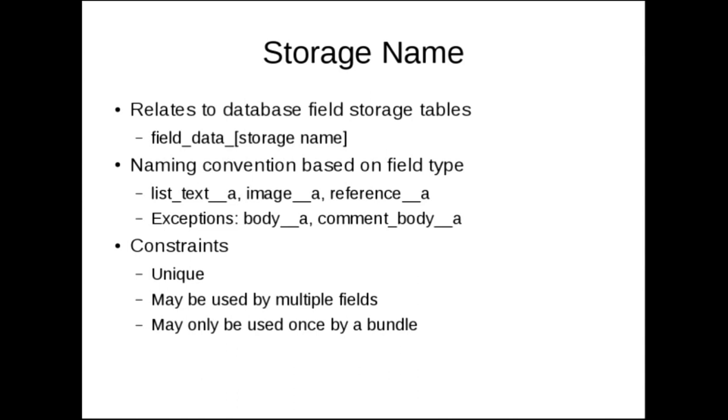You can't call it the same name in two different places. So that had to be unique. Again, because it relates to storage, you're making database tables. They can't have the same name. So this name has got to be different. We can use it on multiple fields, but only once per bundle because of the way the columns are in those storage tables. They only have entity type and bundle. So you can't do it again.